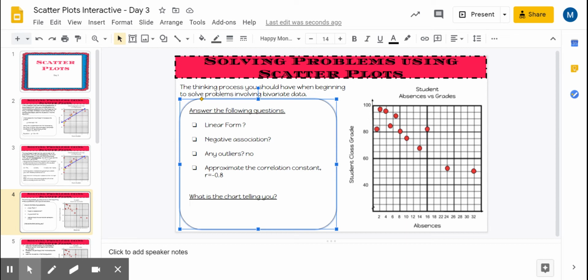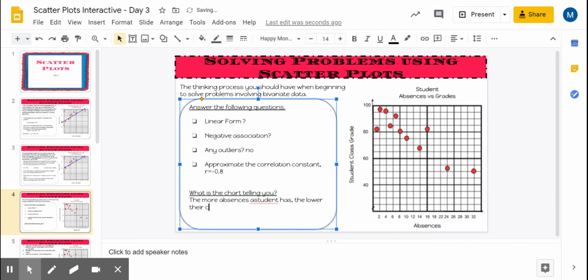It is telling me that the more absences a student has, the lower their class grade will be. All right, so if you read the chart, more absences gets paired with lower grades.